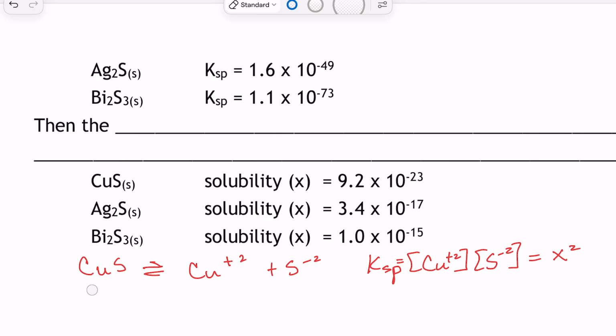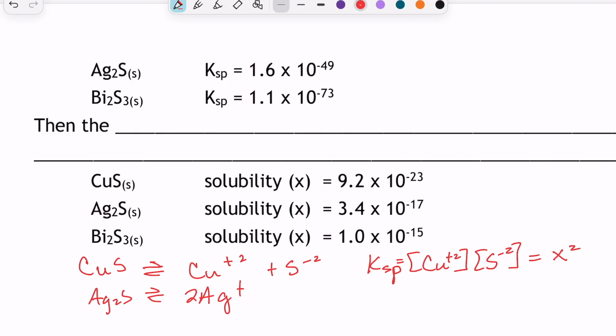Now, this one is Ag2S. We get 2Ag+ plus S2-. Ksp is going to be equal to Ag+ squared times S2-.